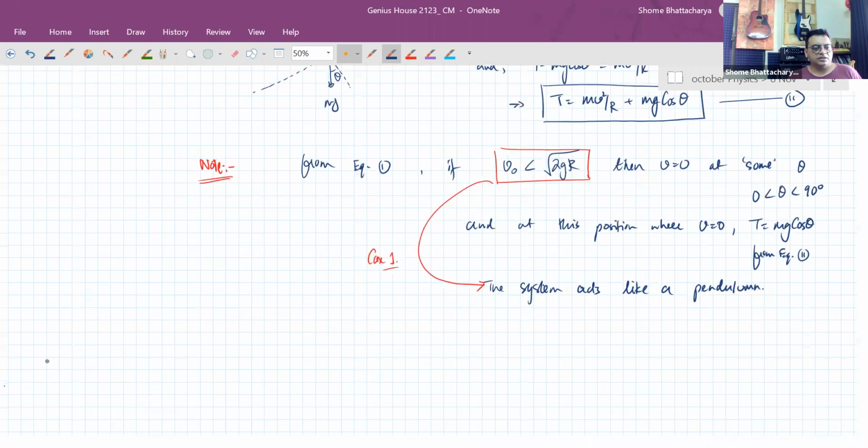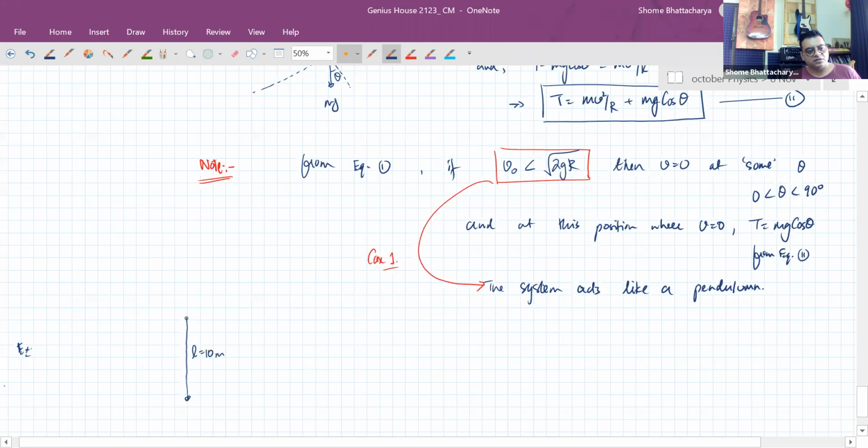So let's look at a numerical example of this case. So we have a thread of length 10 meters suspended from the fixed point P and a particle of mass 200 grams is given an initial velocity at this bottommost point of 10 meters per second.